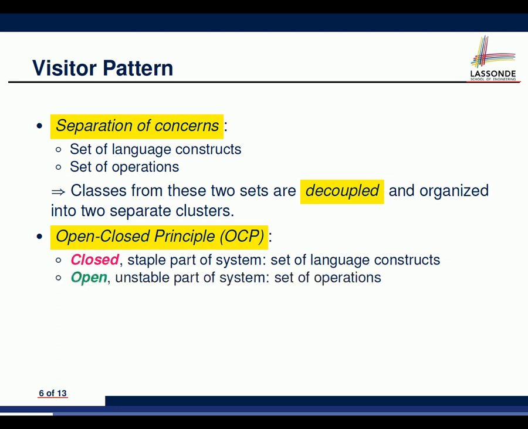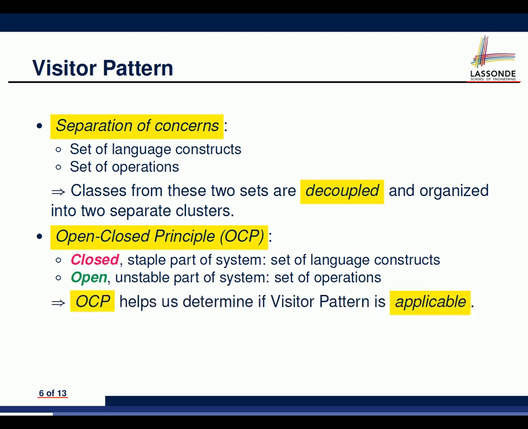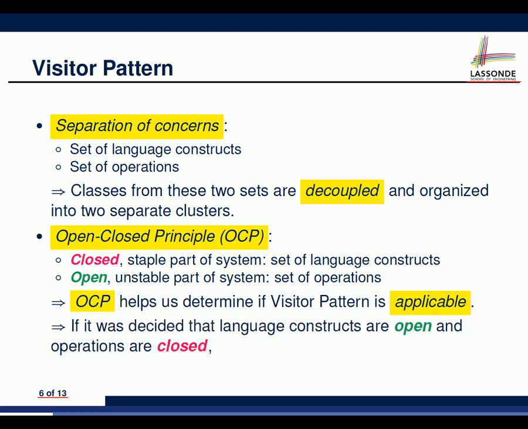On the other hand, what's really open for the visitor is you're open to add any language operation as you wish. You may want to say generate assembly code, generate C code, generate Java code. Those wouldn't violate any design principle. Okay, just keep it in mind. So this is where it can be applicable.